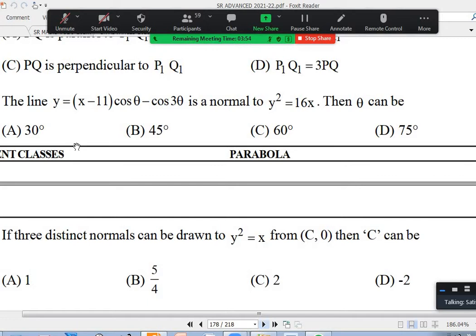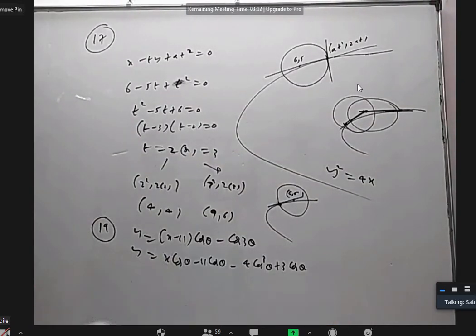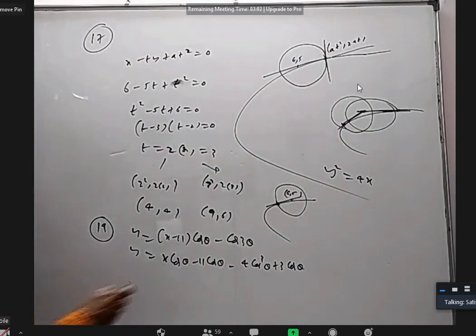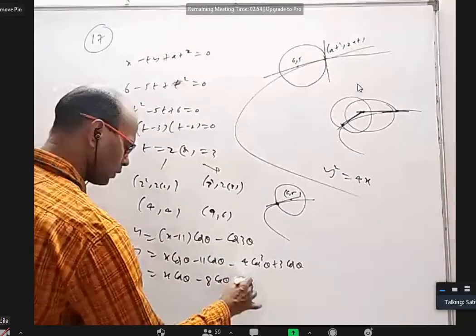Somewhere in the mains also I came across this one. This is always tangent to this parabola, whatever theta it is; the normal is y = x cos theta minus 11 cos theta minus cos 3 theta, that is 4 cos^3 theta plus 3 cos theta, so y = x cos theta minus 8 cos theta minus 4 cos^3 theta.